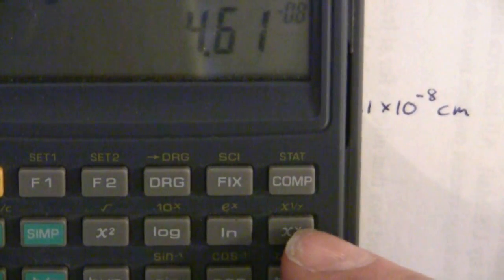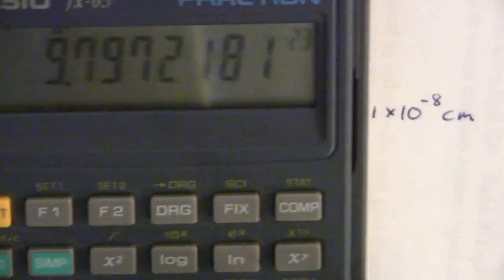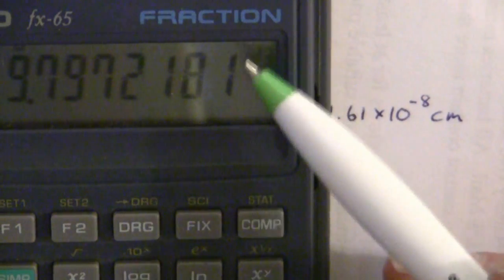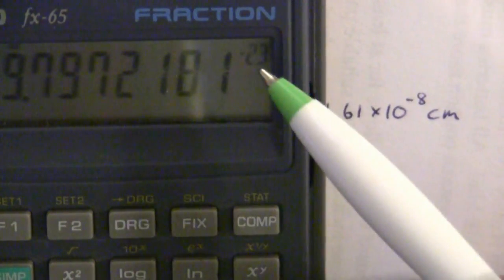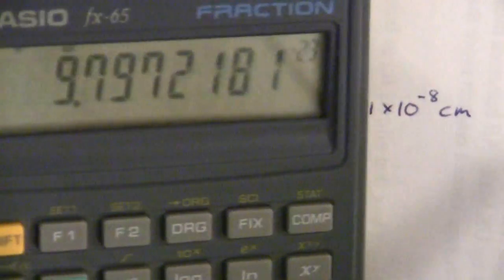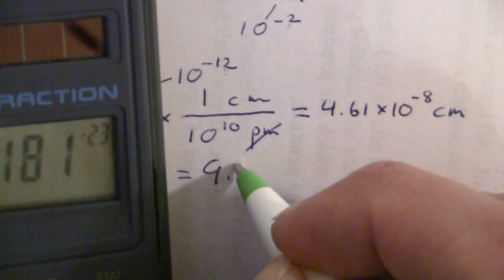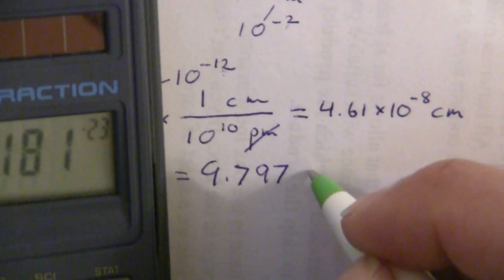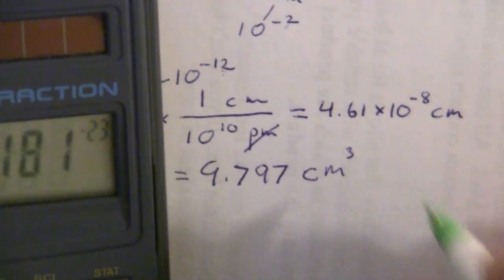On my calculator I have x to the y, and if I put in 3, that should give me that value cubed, and that looks right because we have negative 8. You cube that, that'd be multiplying this by 3, that'd be about 24, and it's close to that. So we'll go ahead with this 9.797, and this will be centimeters cubed.